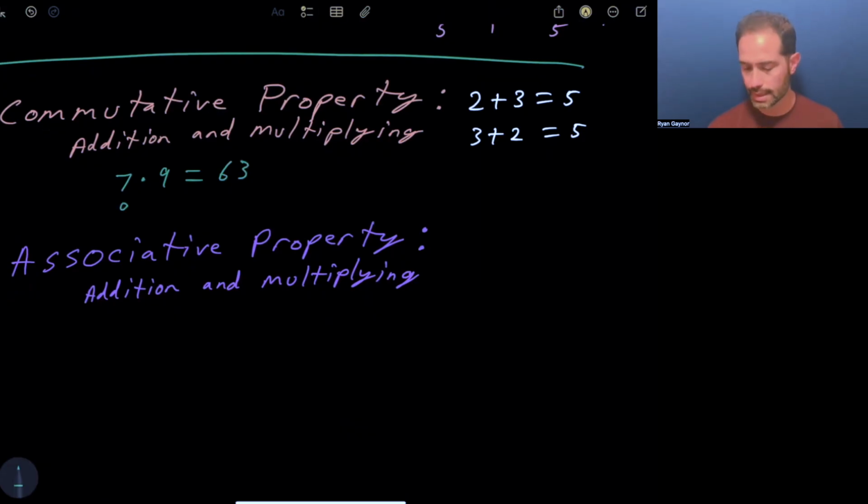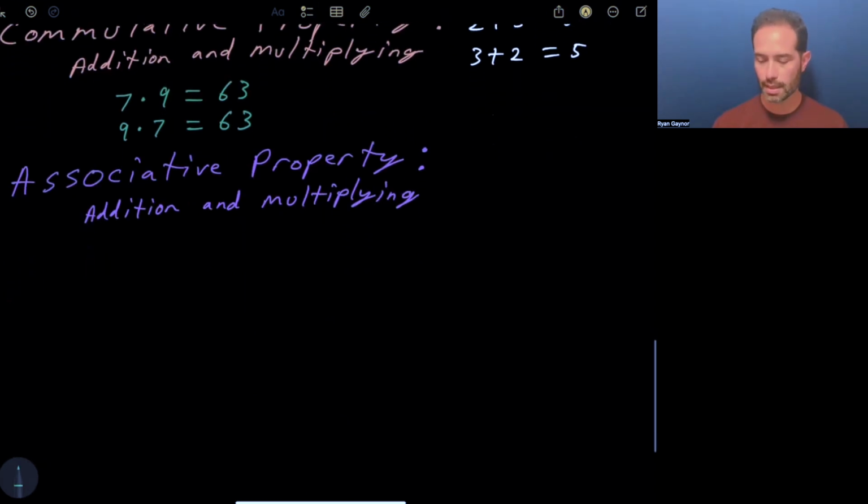Well, 9 times 7 also equals 63. So, commutative property, the order in which you add or multiply does not matter. Now, can you do this with subtraction? No, because the order will matter. Can you do this with division? No, because the order will matter.